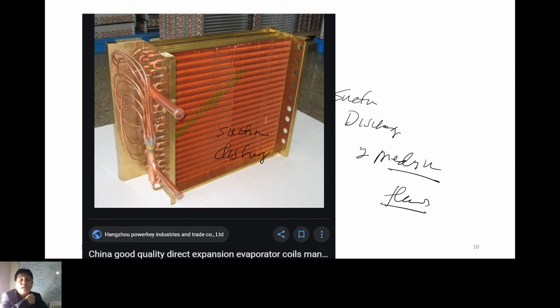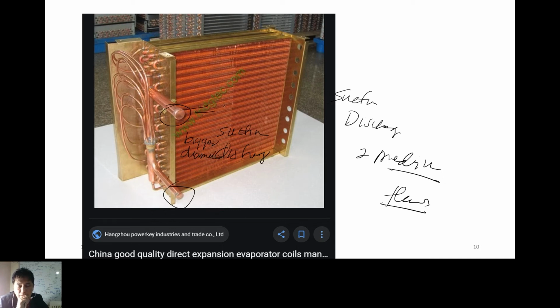So, evaporator yan. Ngayon, if I'm gonna ask you, where's the suction and where's the discharge? So, remember, suction always has a bigger diameter. So, this one is bigger than this.